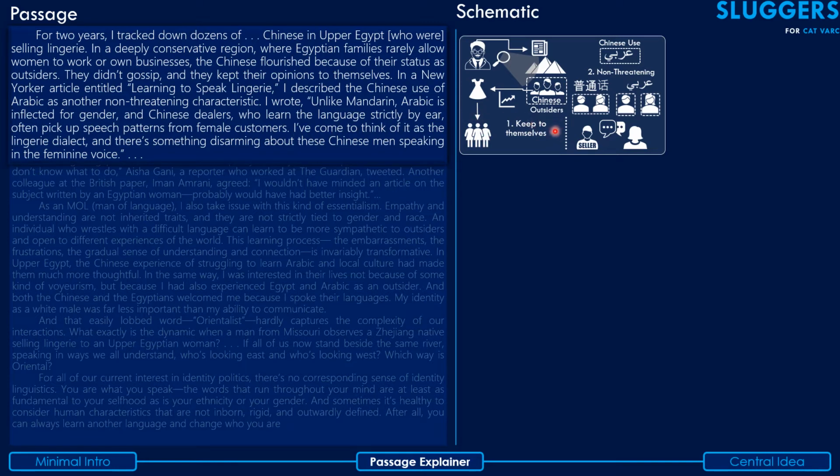And he has provided two reasons for why he thinks that they are able to do this. The first reason is where he says that they don't want to gossip, they keep to themselves, right? So that is the first reason. And the second reason is where he says that the use of the Arabic language by the Chinese sellers is kind of non-threatening.